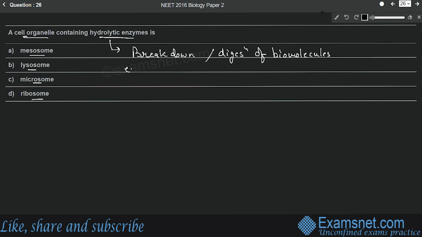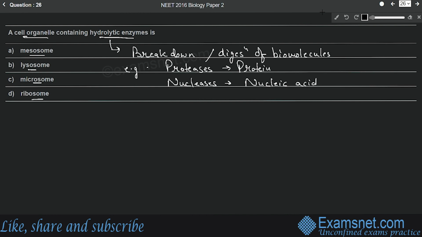Let's see the examples. There are some well-known hydrolytic enzymes such as proteases, and we know that they help in the digestion of proteins, right? Similarly, nucleases, they help in the digestion of nucleic acid. Now, these hydrolytic enzymes are found in which organelle of the cell?